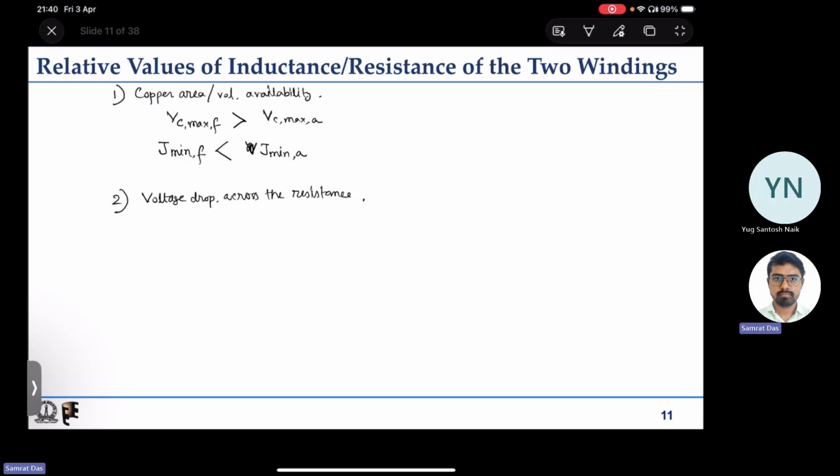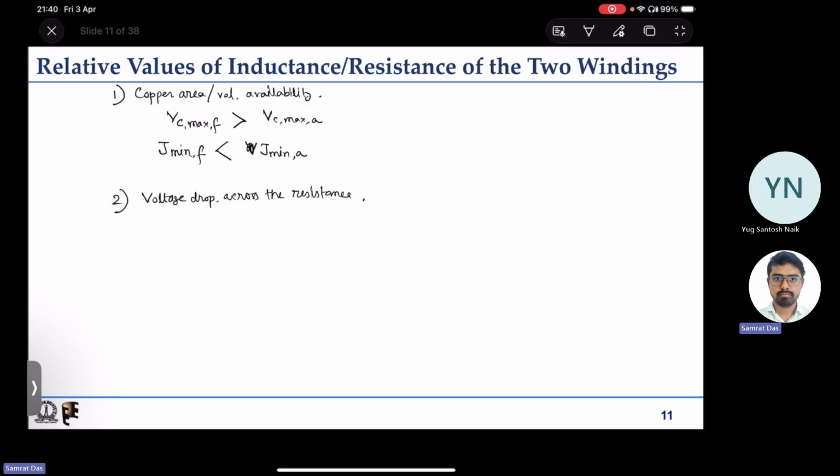But on the armature coil, we'll see that there is some significant back EMF, some induced EMF. So the major portion of the voltage goes as, or is equal to, the back EMF that eventually comes up.